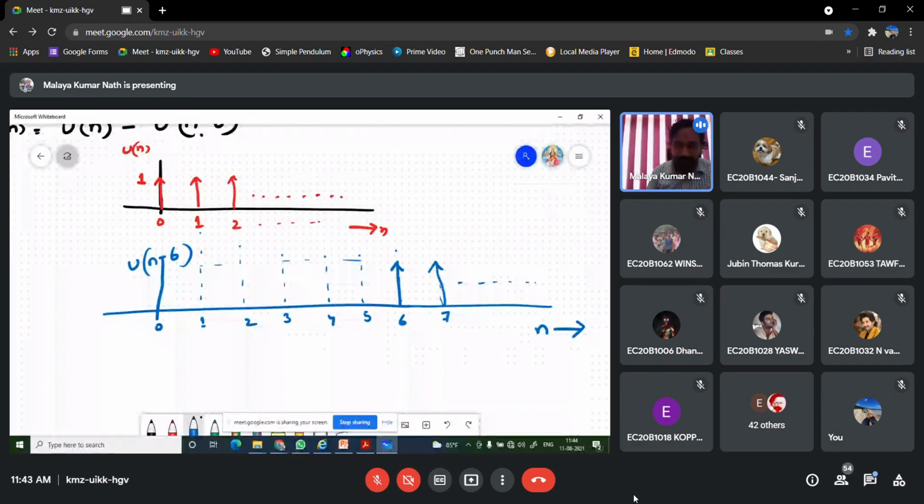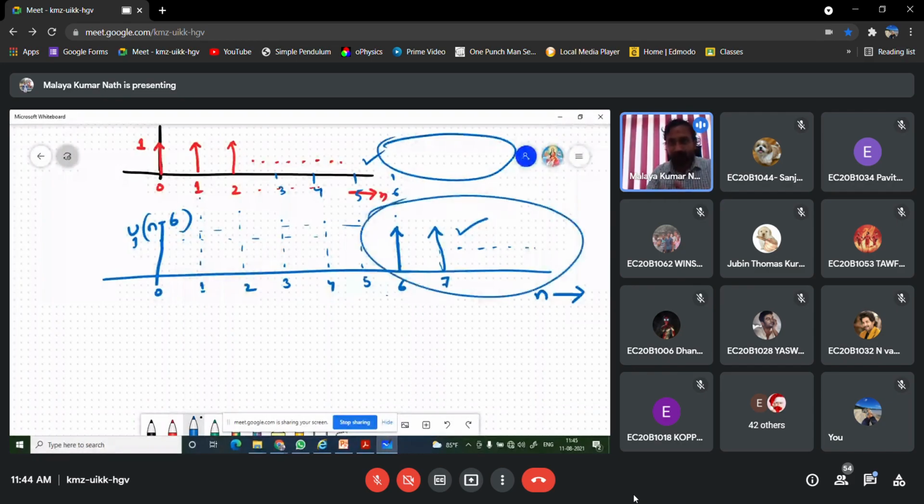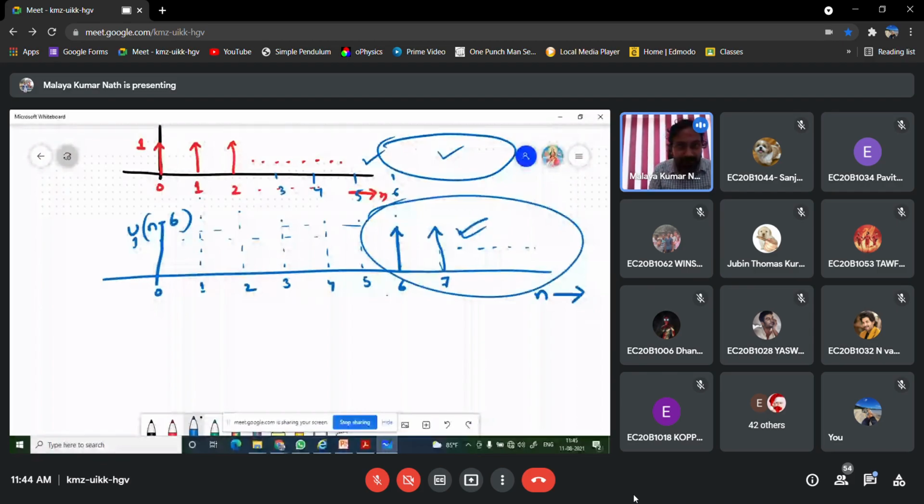Now if I subtract this part from here, then how much will I get? If I perform the subtraction, because all are unity, the magnitude is equal to 1 in this case, and also 1 in this case. So now if I subtract, this is 2, 3, 4, 5 and 6. So this part as well as this part are equal in both cases, so these two parts will be cancelled out. So what will be remaining? Your remaining will be nothing but this part.